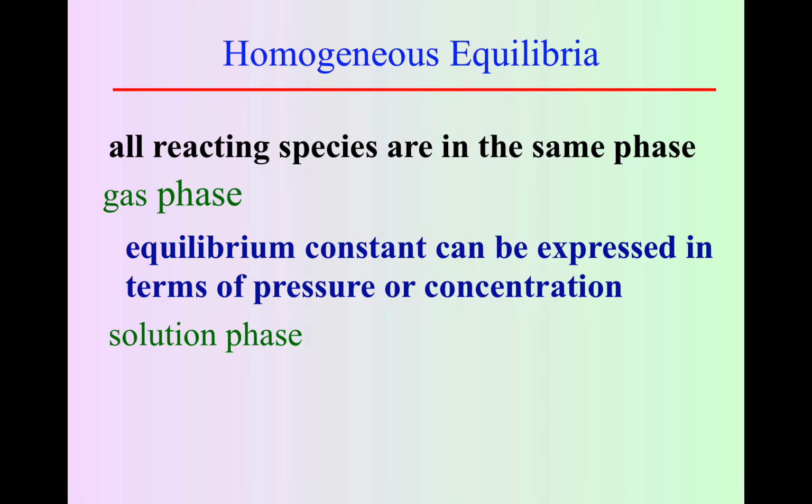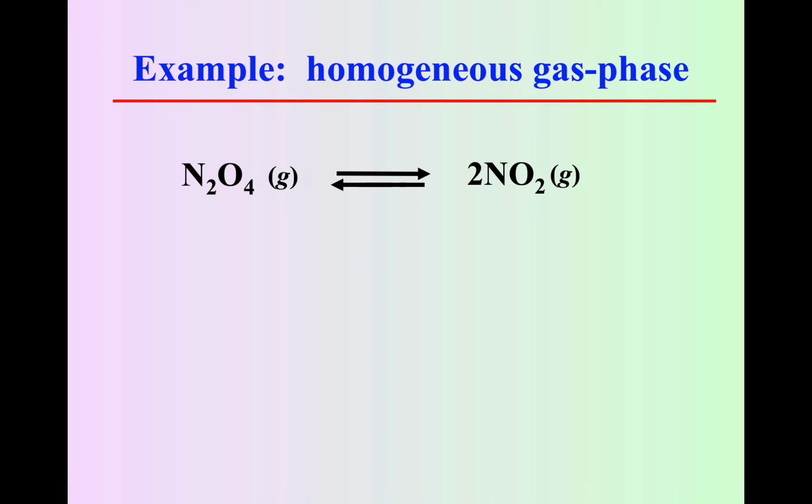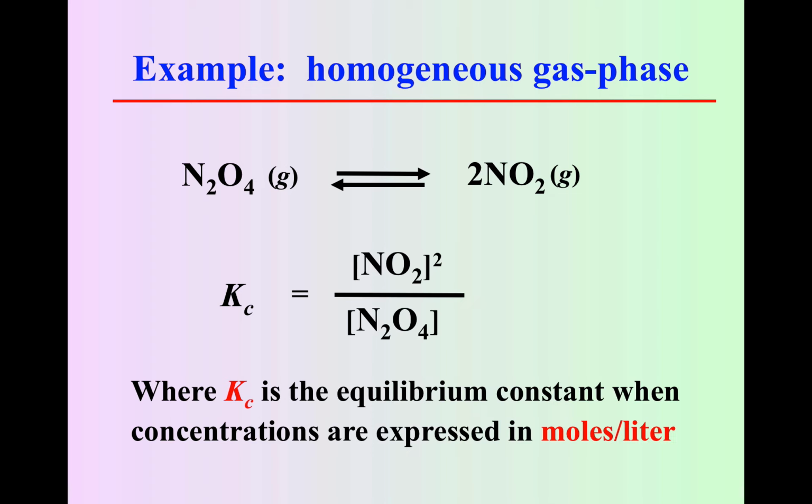All right. So, for example, dinitrogen tetroxide again, reacting to form nitrogen dioxide. So, products over reactants raised to their stoichiometric coefficients. If we're talking about a Kc expression, meaning an equilibrium constant expressed in terms of moles per liter, it's the concentration of NO2 raised to the second power divided by the concentration of N2O4 raised to the first power.